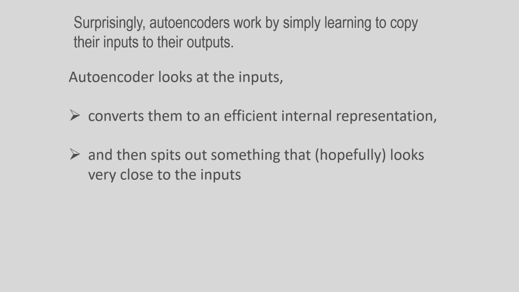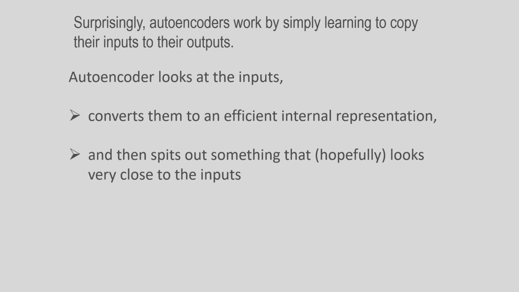The importance is that autoencoder looks at the input and converts them to an efficient internal representation of the input data, and then spits out something that looks very close to the inputs. That means it can reconstruct the inputs, which look very close to the original inputs.